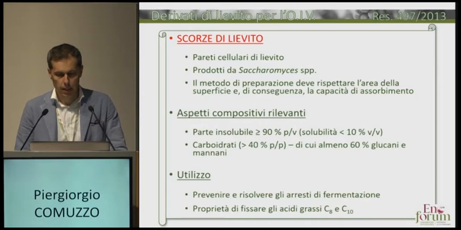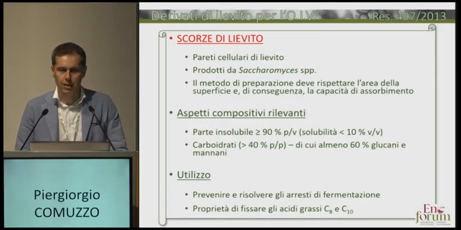well, all the three of them are derived from Saccharomyces, and the cell wall is very important because the preparation method must be in line with the surface area and absorption capacity, because they need to fix those molecules that are detrimental to yeast.